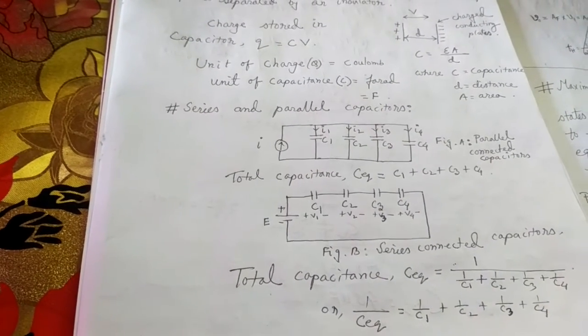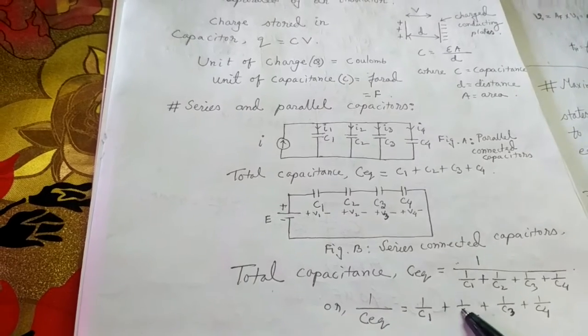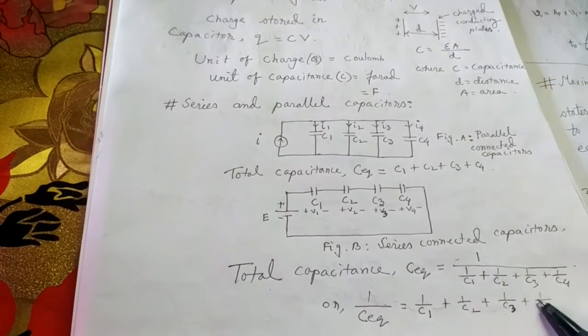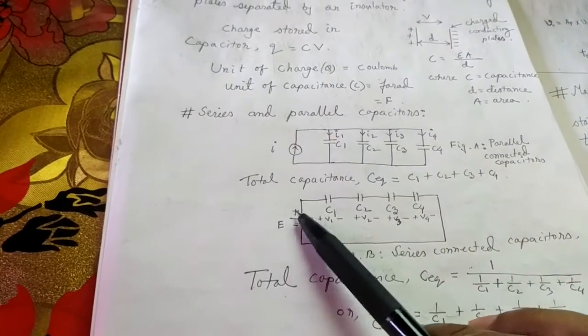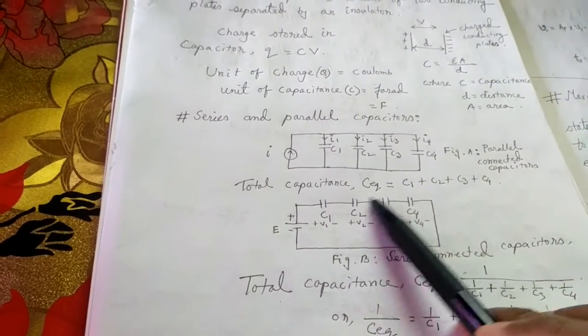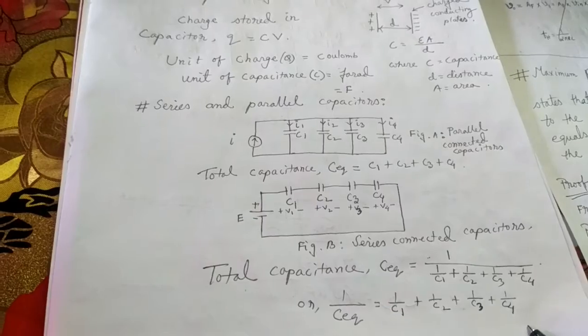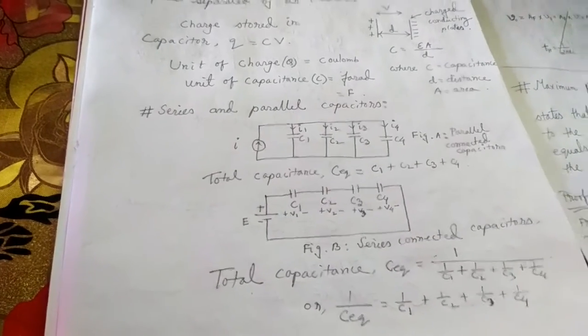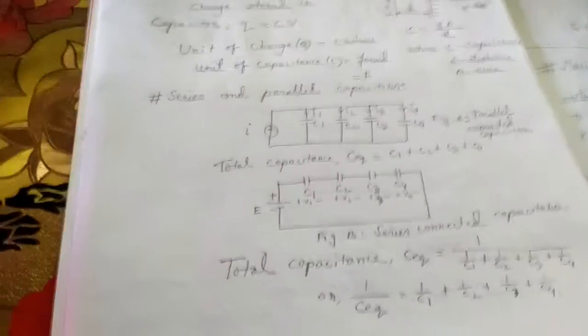So 1 divided by C equivalent equals 1 divided by C1 plus 1 by C2 plus 1 by C3 plus 1 by C4. These are capacitors connected in series, so their equivalent capacitance is this. That is similar to our parallel resistance operation.